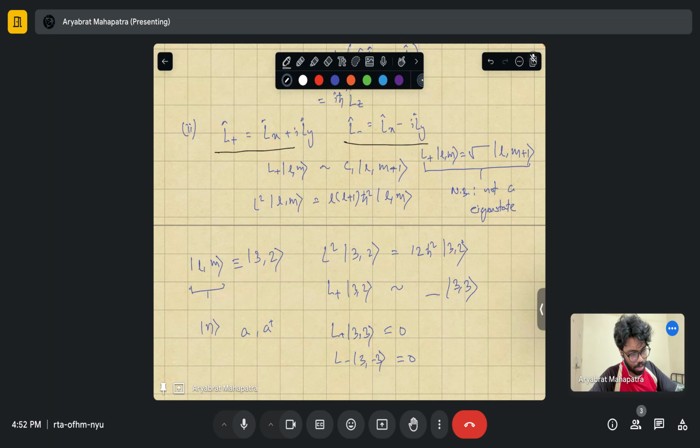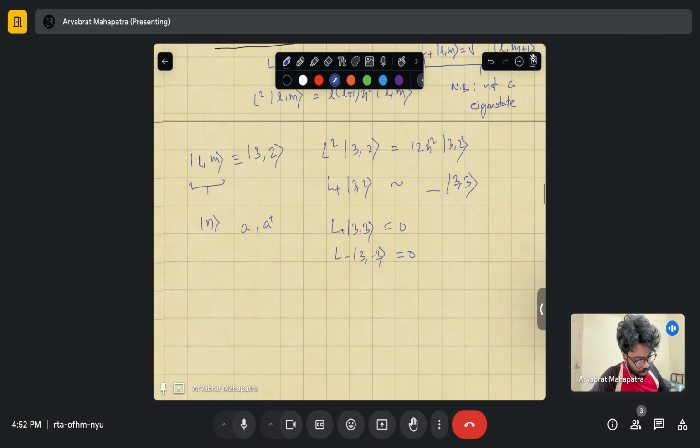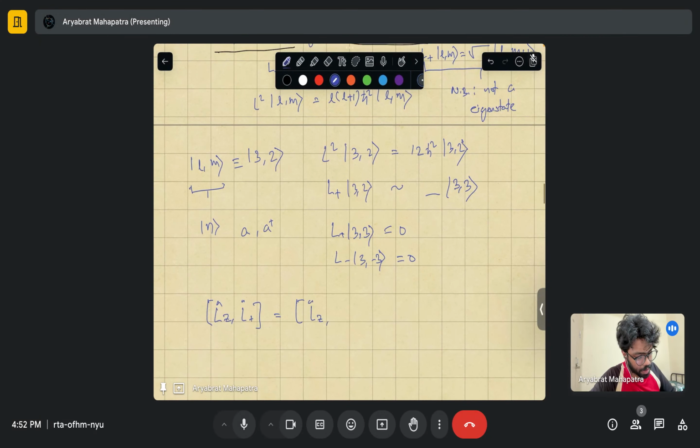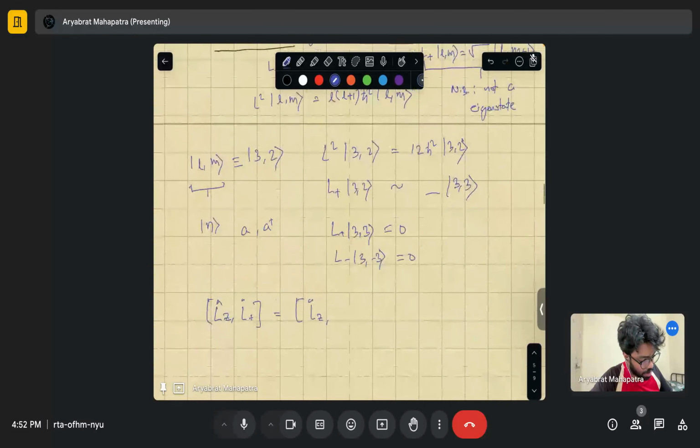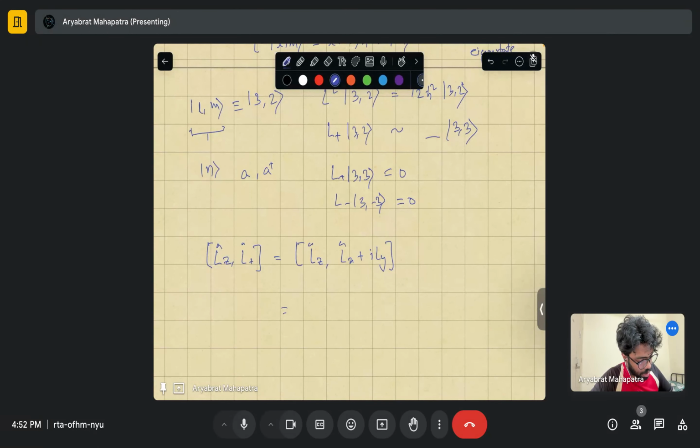Now to prove the commutation relation of Lz and L plus, you have Lz with (Lx plus i Ly), which gives Lz Lx plus i Lz Ly.